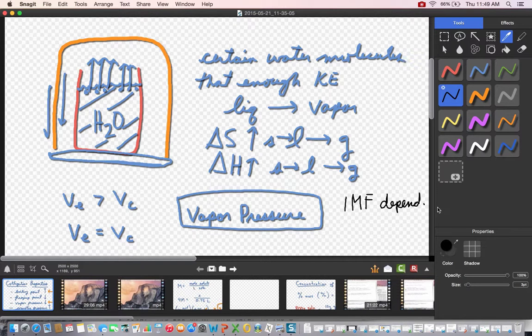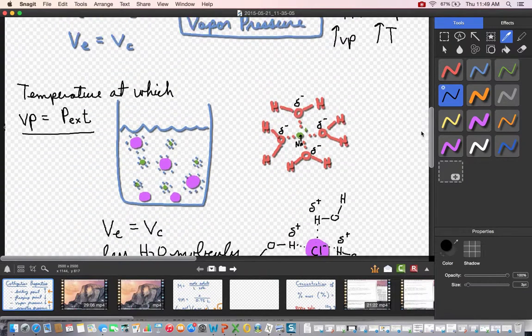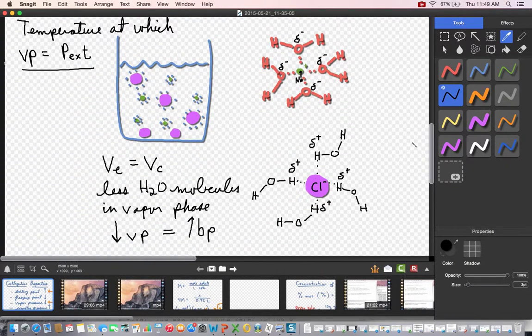Since increasing temperature will break intermolecular forces, vapor pressure increases when temperature increases. Vapor pressure decreases when IMF increases. Adding a solute to a solvent increases IMF, which decreases vapor pressure, which increases boiling point.